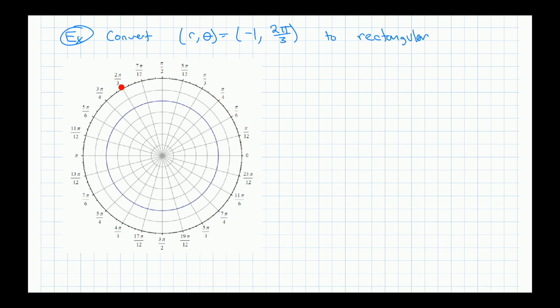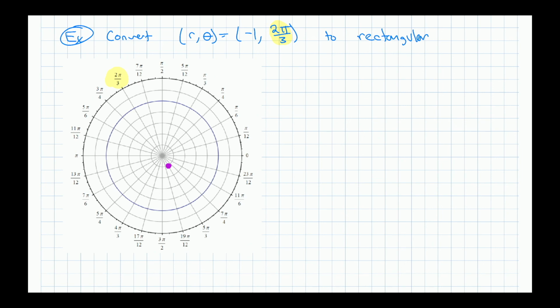Here's 2 pi over 3, we got it right there. And this is -1 in that direction. So -1 means it's actually the opposite direction from 2 pi over 3. Did I get that right?